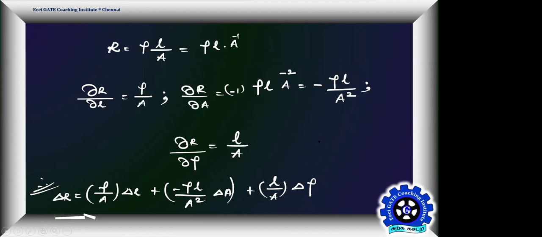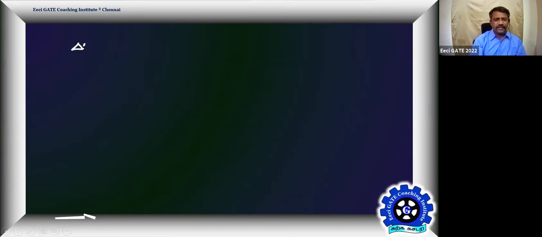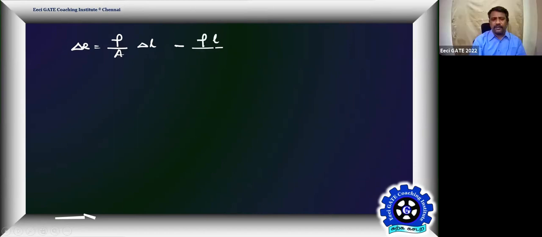So let's go ahead. Give me the equation once again. Delta R is equal to rho by A into delta L, minus the second component, rho L by A square into delta A. The third component is L by A into delta rho.